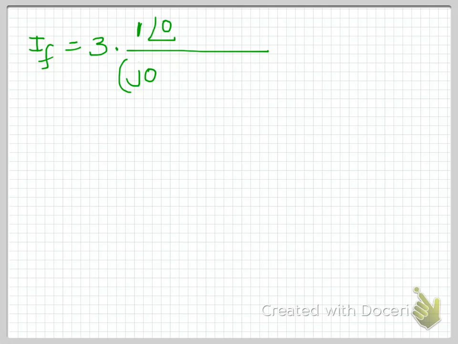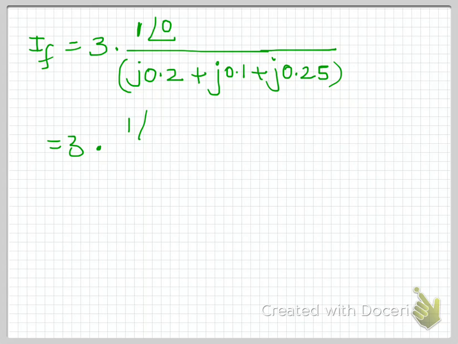So IF equals 3 times the voltage, 1 angle 0, divided by the sum of the reactances, 0.2 plus 0.1 plus 0.25. So if you sum them up together, it brings you 3 times 1 angle 0 over j0.55.